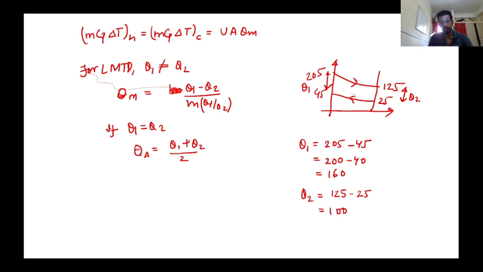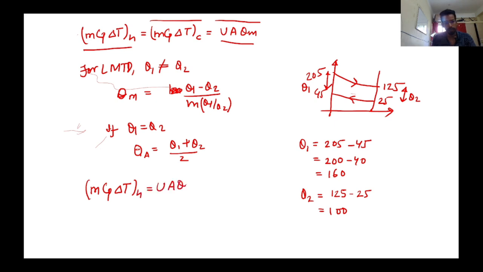So theta 1 is 160 and theta 2 is 100. Now you'll use theta m. You can take any of these values, either equate this to this or that to that. So I'll choose mCp delta T of hot equal to UA theta m.